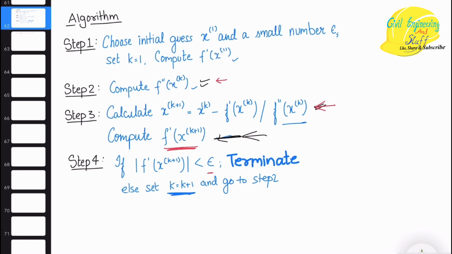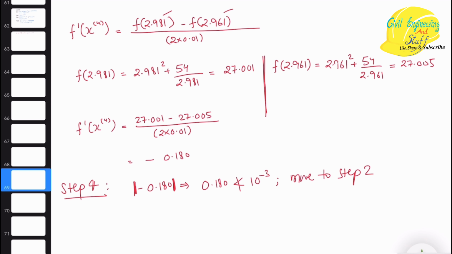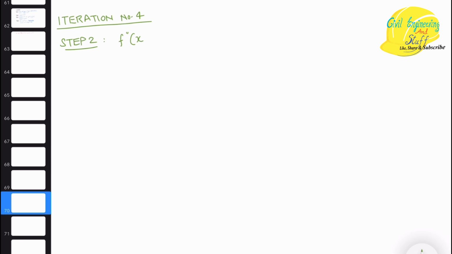And what does step 2 say? Step 2 says that we have to find out the second derivative, f double dash of x4. For that we require f of x4.